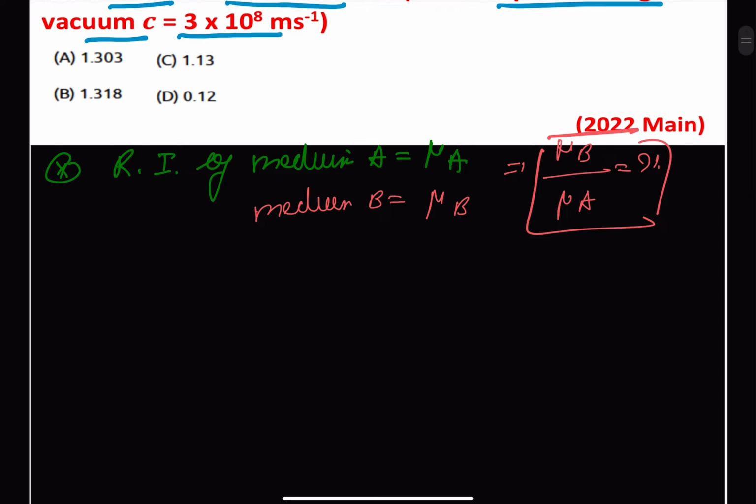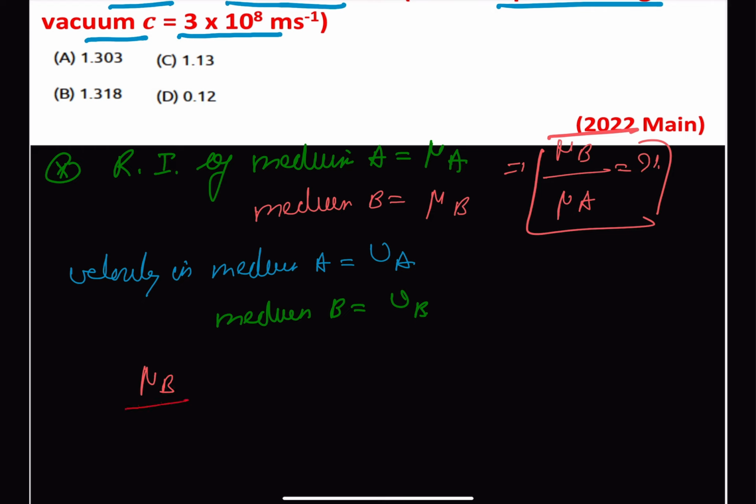So if the velocity in medium A is given as VA, and the velocity in medium B is given as VB, therefore we can write that the refractive index ratio B upon A will be equal to VA upon VB.